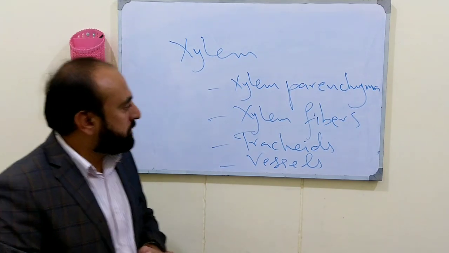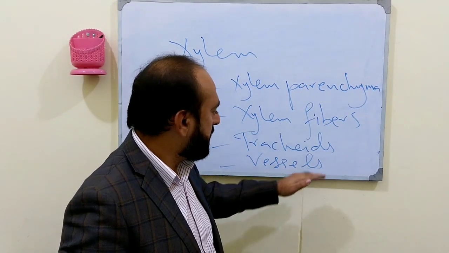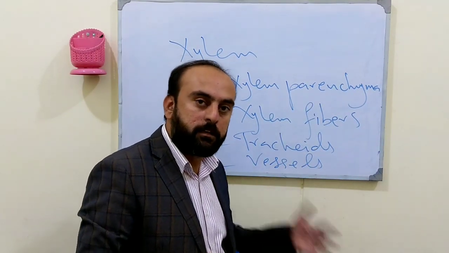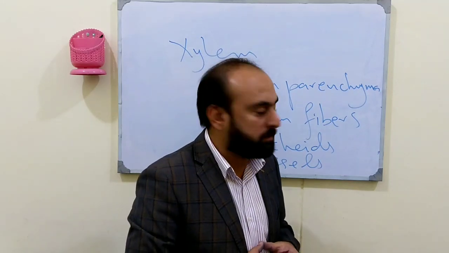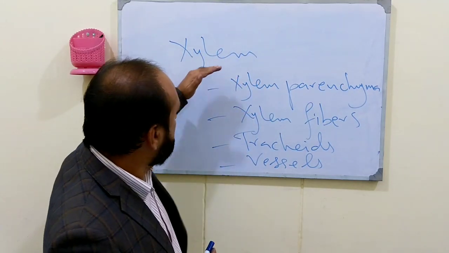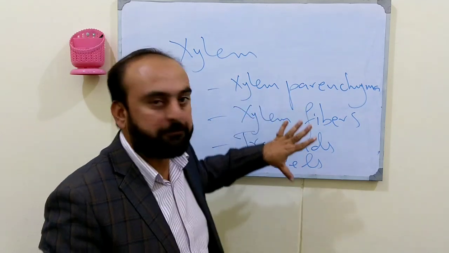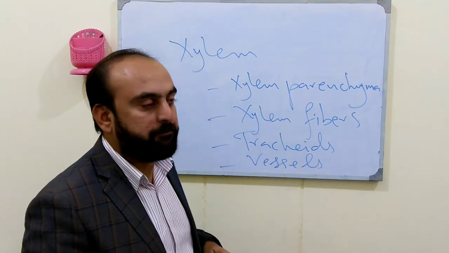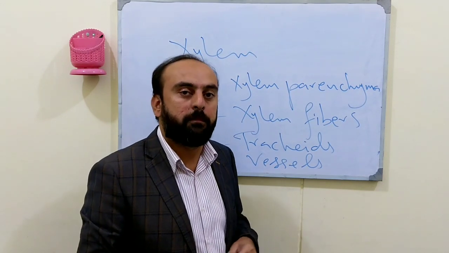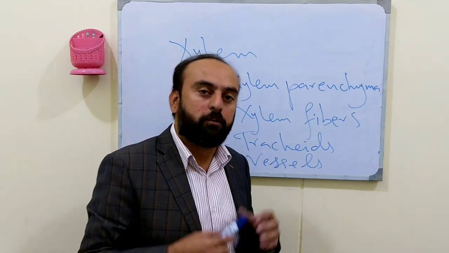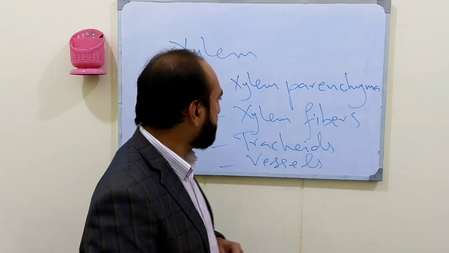We have already discussed these parenchyma, fibers, tracheids and vessels in simple permanent tissues or ground tissues. So xylem is made up of different types of cells. So that is why the vascular tissues, xylem and phloem, are also called complex permanent tissues.